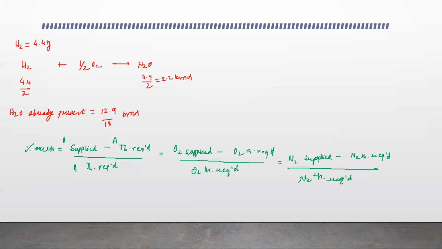All right, this is very important. And of course, supplied minus theoretically required is basically the excess. So we can say this is excess air upon theoretical air, which is nothing but excess oxygen upon theoretical oxygen, which is nothing but excess nitrogen upon theoretical nitrogen.